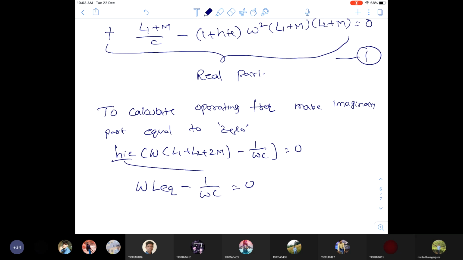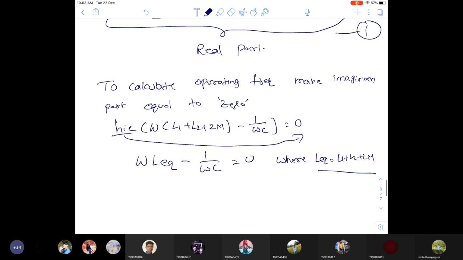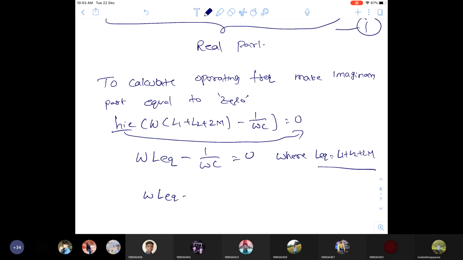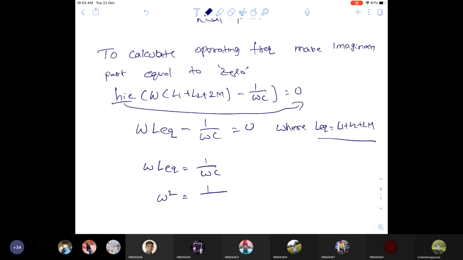I send this hfe to the other side, so that becomes 0, where L equivalent is equal to L1 plus L2 plus 2M. So omega L equivalent equal to 1 by omega C, so omega square equal to 1 by C into L equivalent.